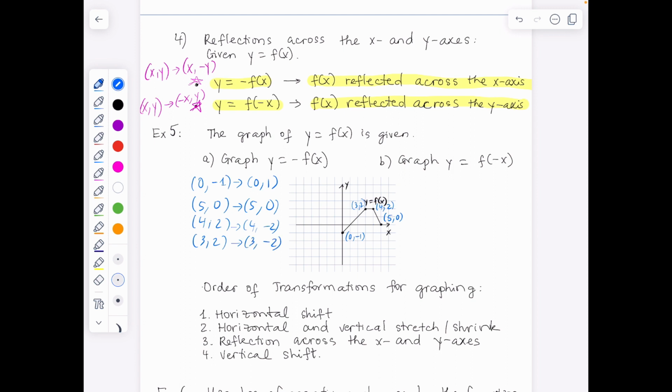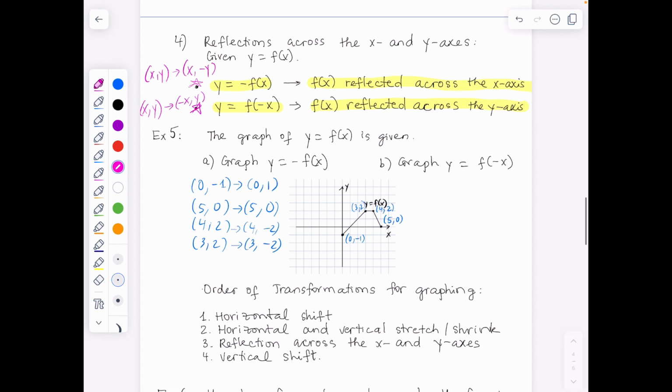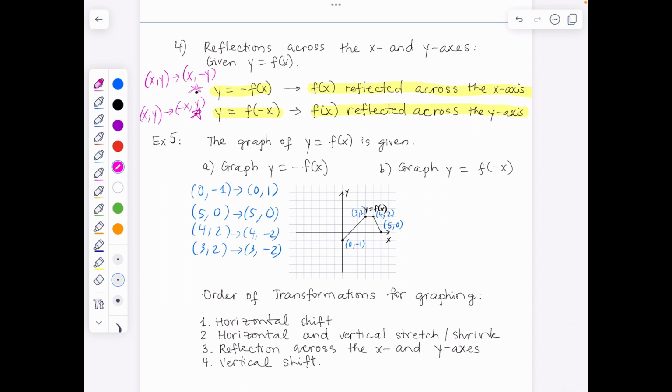So let's plot (0, 1), this point (5, 0), so the same point, (4, negative 2), and (3, negative 2). Now you connect, you get this graph.